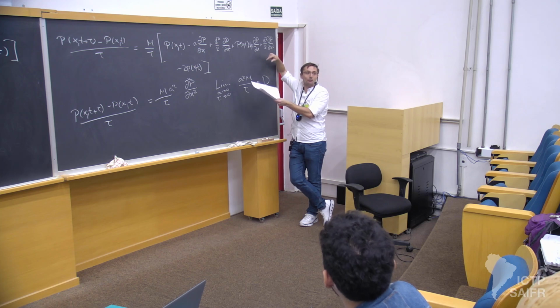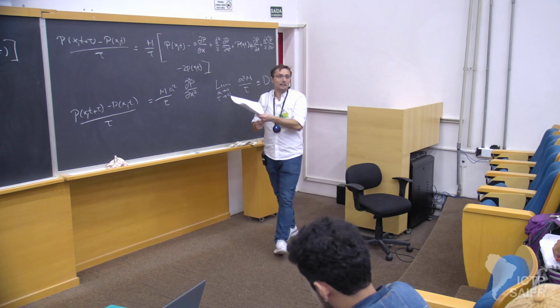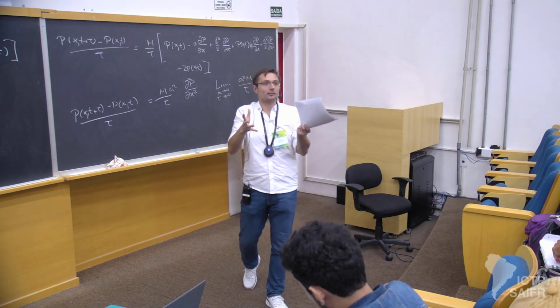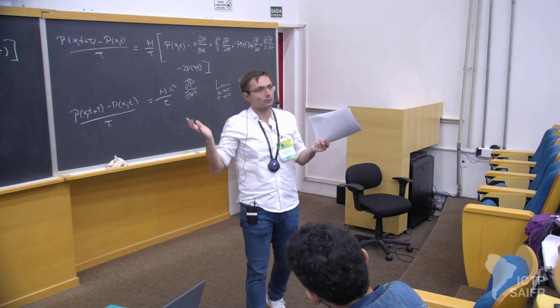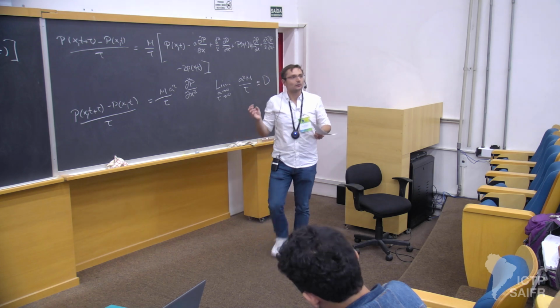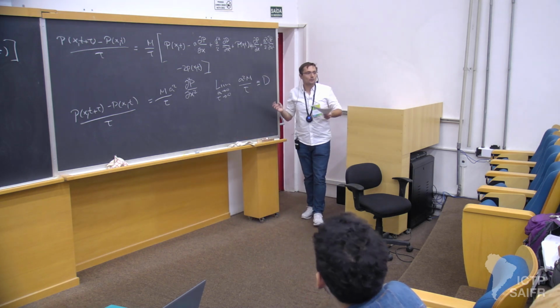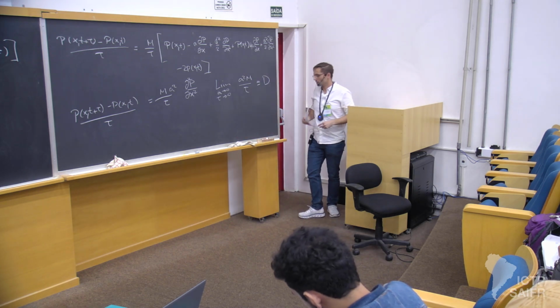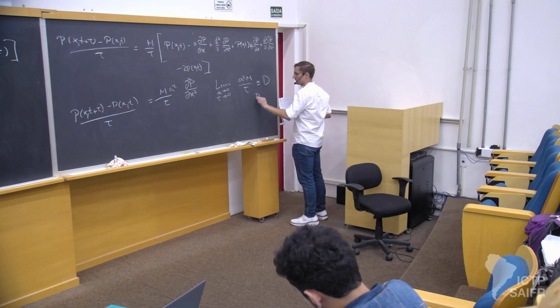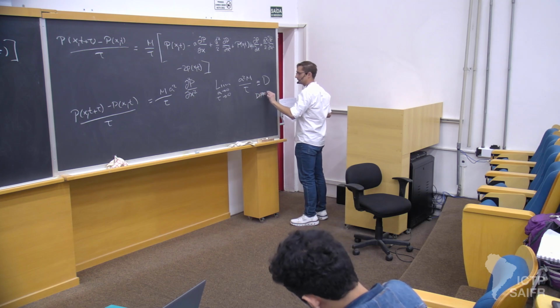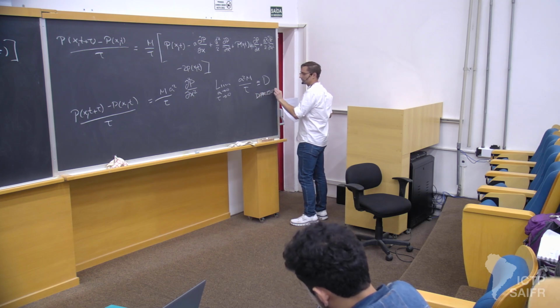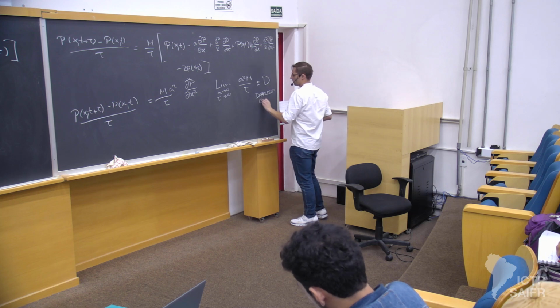So they are very, very often, but very, very small, such that the mean square displacement of this particle grows, we will see later, linear in time. Okay? So this constant here is the diffusion constant, if you want.